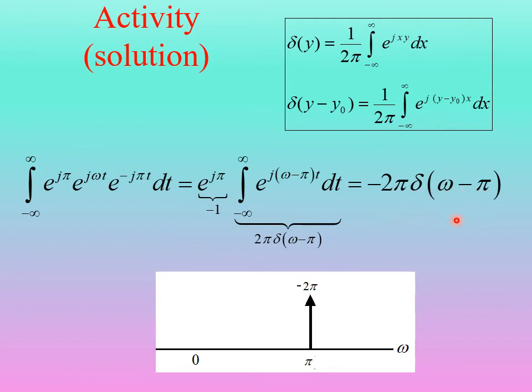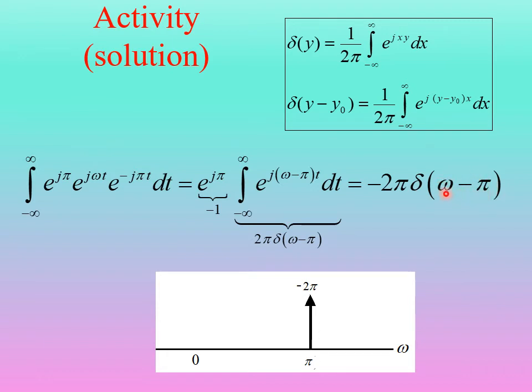Now, what does this look like if we graph it? This is a delta function not in time, but in the frequency domain. It appears when omega is equal to pi, because remember, the delta function only exists when the argument is 0.